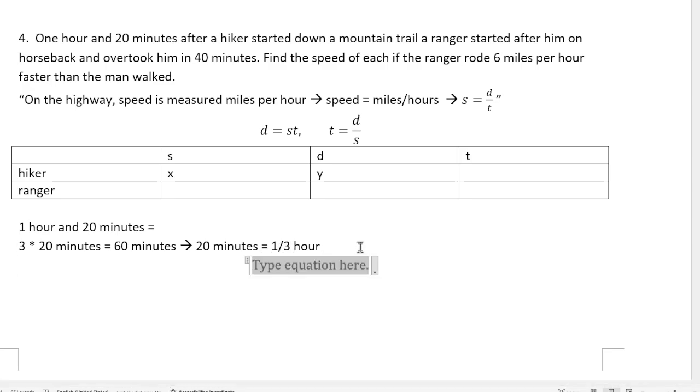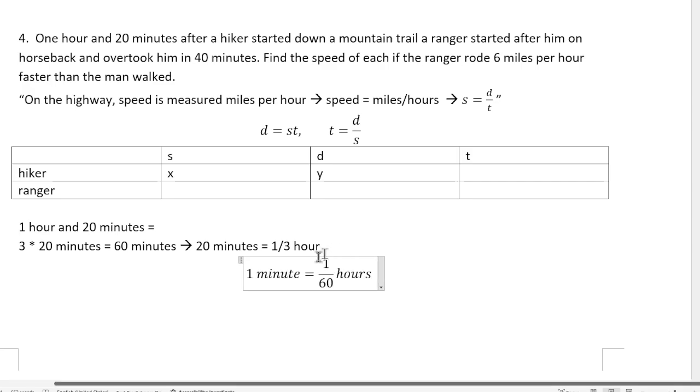Another way to think about it is just to simply say that 1 minute equals 1 over 60 hours, right? Because 60 minutes is 1 hour.